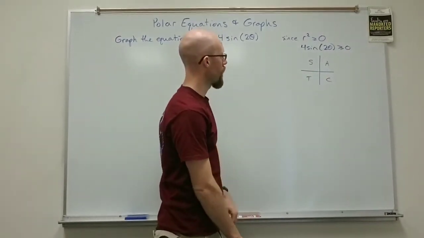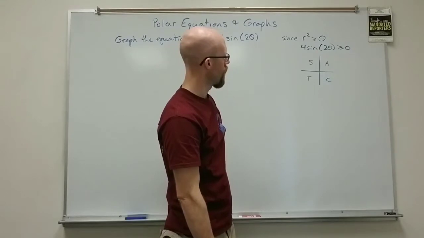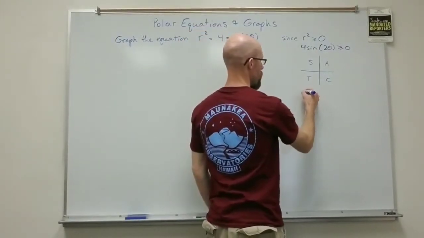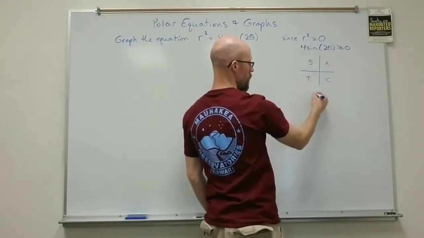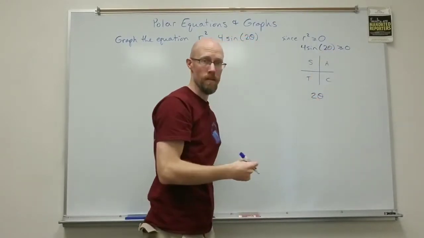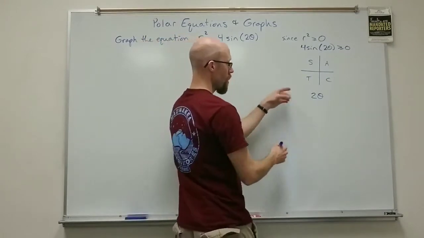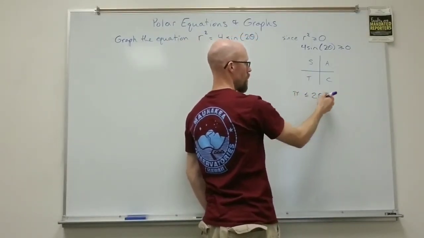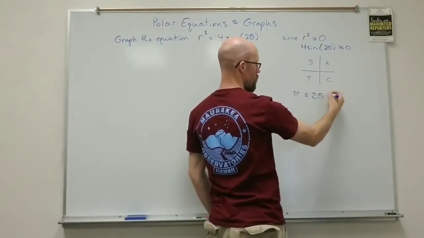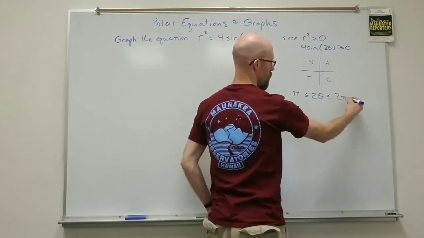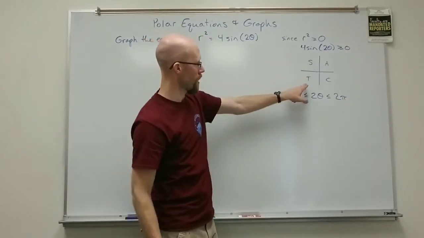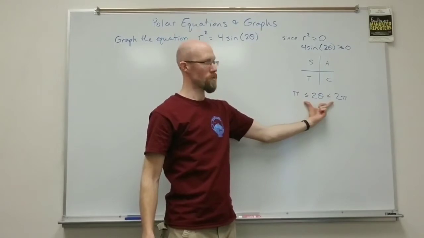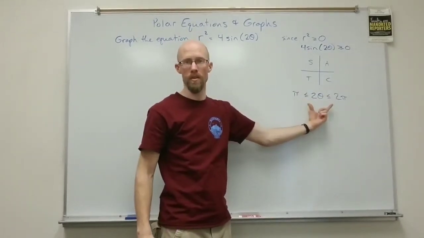And so I will not have any values where 2 theta, now 2 theta is my angle, not just theta, is between pi and 2 pi, right? Because the sine cannot be negative. Sine is negative in the third and fourth quadrants.